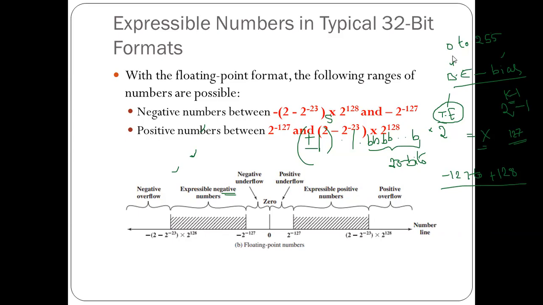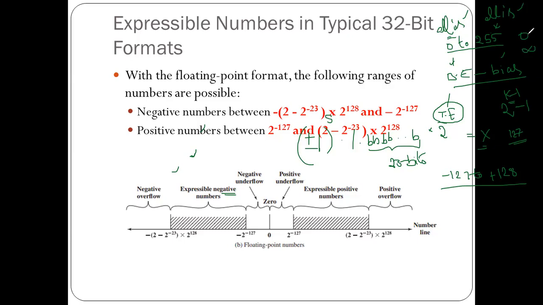So, out of all the possible combinations of the biased exponent, 0 to 255, the value 0, which is all zeros, and 255, which is all ones, are reserved for representing 0 as well as infinity.